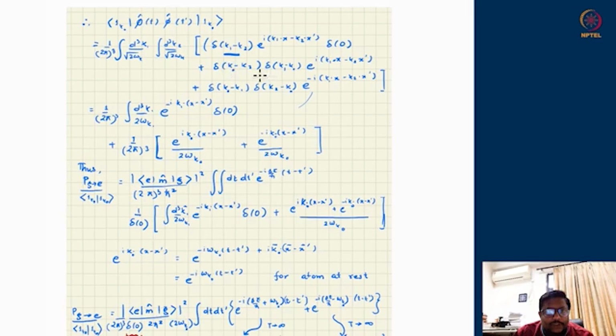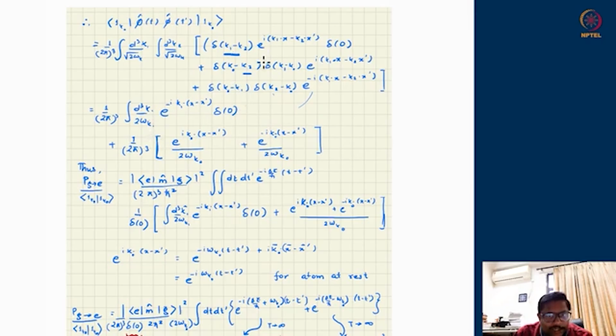When I do the k2 integral in this term, it will set all the k2 values to the value k0. And similarly in the last term, all the k2s should be put to the value k0 under the integration. So the d3k2 integrals can successfully be done using all the delta functions.